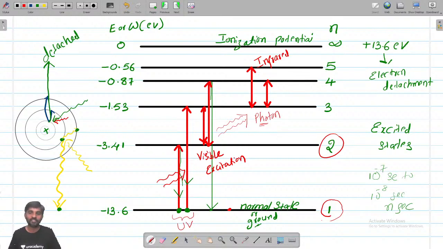If the light falling on the atom is giving only, let's say, 8 electron volts, then the electron will not jump to the next level. Only if it has the required energy can it move from one state to the next. Clear?